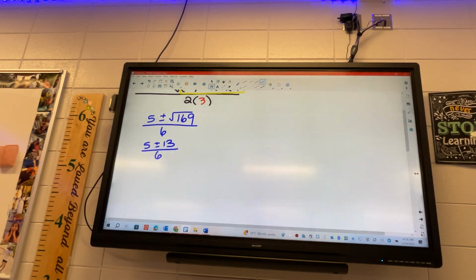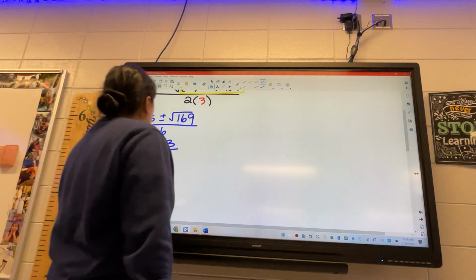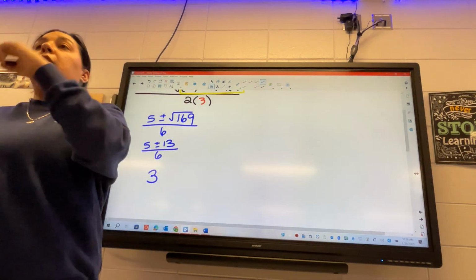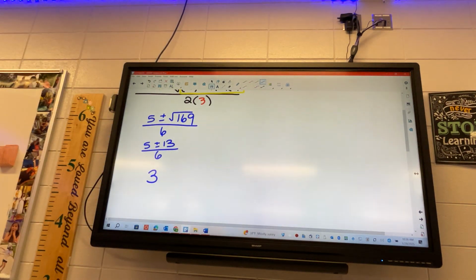So you're gonna hit your fraction button. On the top part of the fraction, you're gonna say 5 plus 13. On the bottom part of your fraction, you're gonna put a 6. 3. And then you're gonna use your arrow and go over to the plus, click delete and erase it, and put a minus instead.